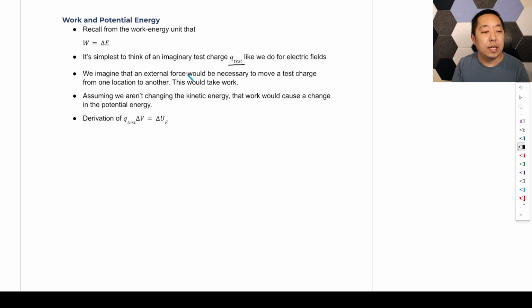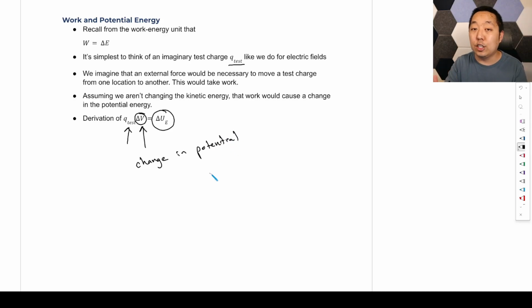Assuming we aren't changing the kinetic energy, that work would cause a change in the potential energy. So that change in potential energy, done by work, is equal to q test times this thing that we define here, which we call the change in potential.